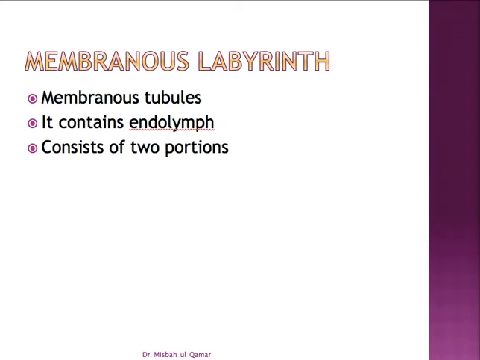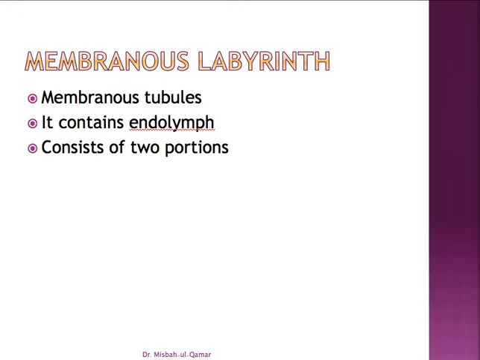Then we move on to the membranous labyrinth. The membranous labyrinth is formed by membranous tubules and sacs, and it contains endolymph, right? The bony labyrinth was containing the perilymph, right?